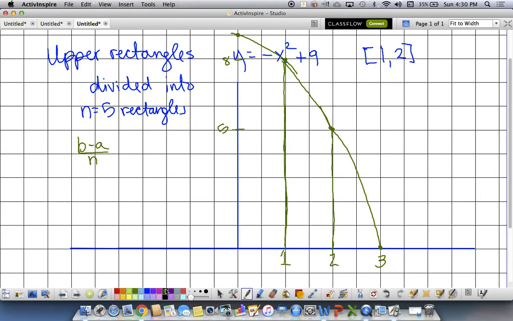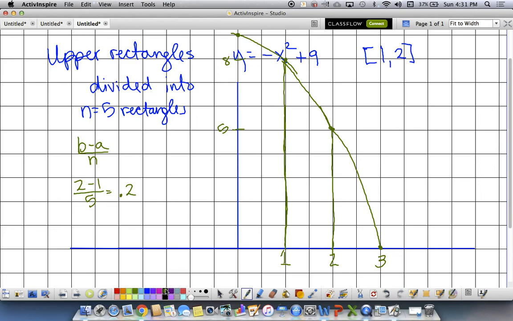So that is actually 2 minus 1 over 5, which is 1/5, or 0.2. They do decimals in this one. I don't know why, but they do. That's okay. 0.2 or 1/5.